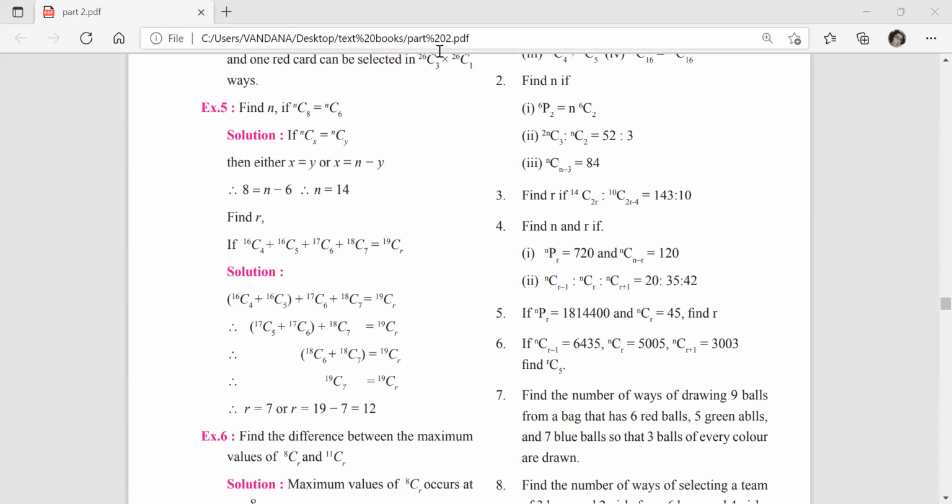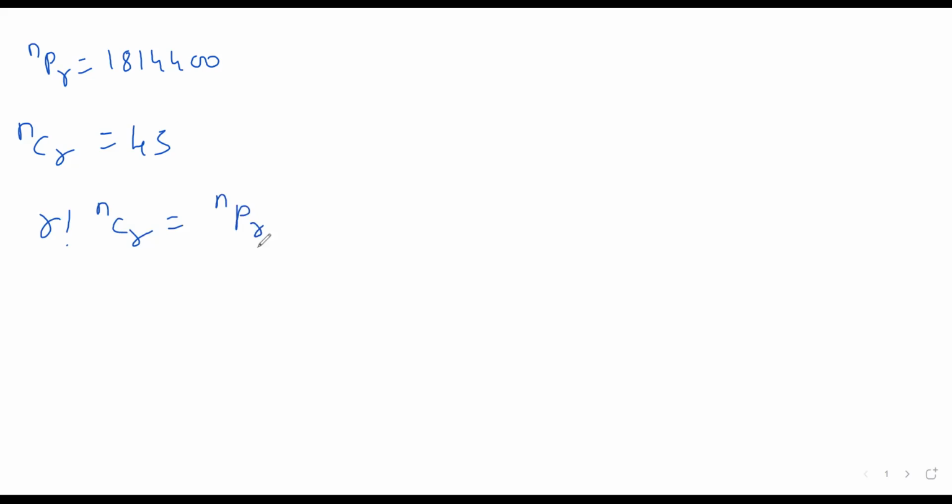Question 5, we will do. nPr is 1814400 and nCr is 45. You have to find r. Now we know very well that r factorial nCr is equal to nPr.